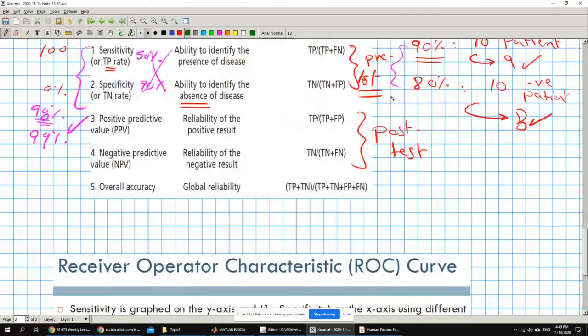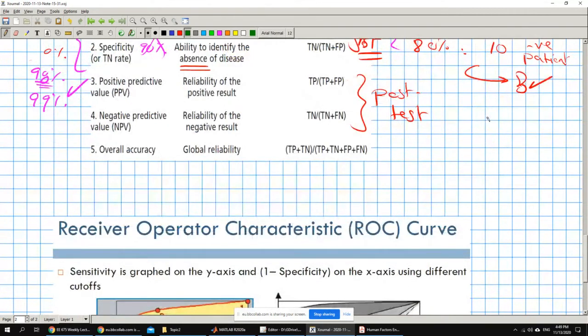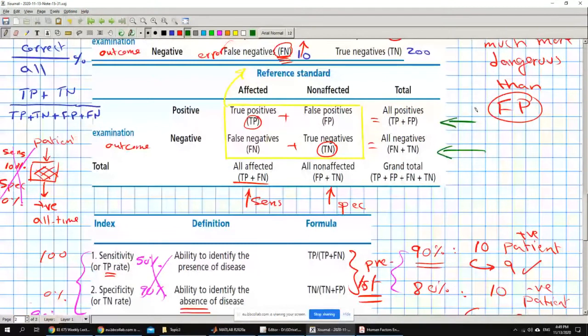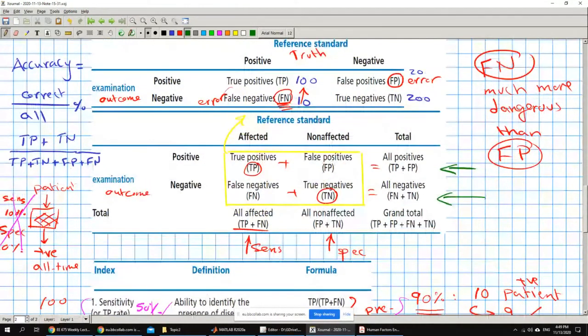Maybe I can use the same numbers we used before: 100 true positives and 20 false positives. If I divide 100 over 120, this gives me how often a positive diagnosis was in truth positive.